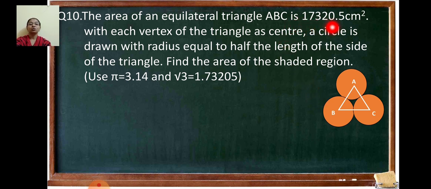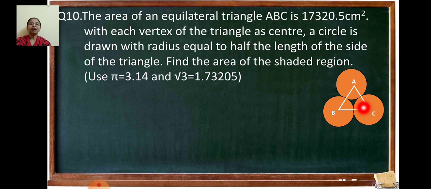We will make use of this and we will find out the length of side of this equilateral triangle. And we have given the relation that the radius of the circle is half the length of the side of this triangle. So we'll divide that length by 2. You will get the radius of each circle. Then what we'll do? We will find out the area of one sector, and all three sectors, they are equal.